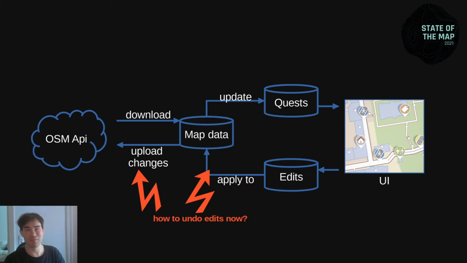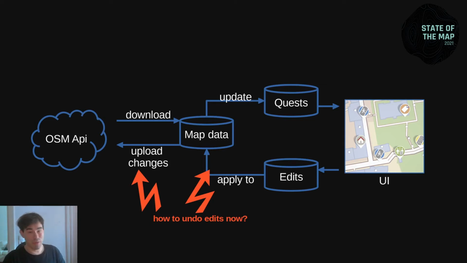And that needs code. We need to code how we can undo an edit. For simple tag changes, this is trivial, but imagine reversing the splitting of a way. That's quite complex, and it's too bad that this is lost here.